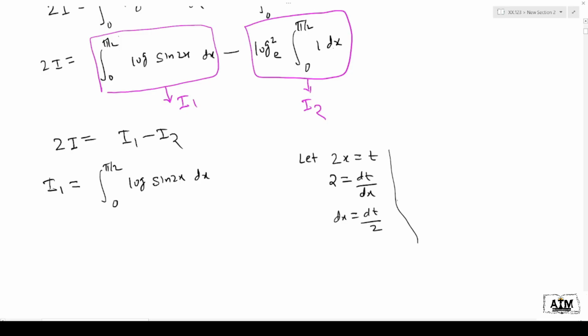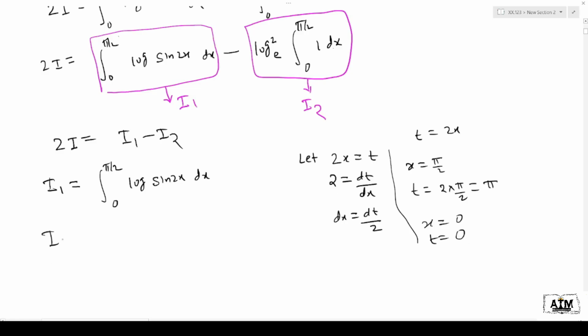One more important thing: whenever we apply the substitution method, the limits of definite integration also change. So t equals 2x; when x equals pi by 2, t equals 2 into pi by 2, which equals pi, and when x equals 0, t equals 0.